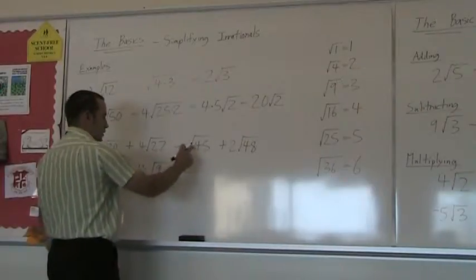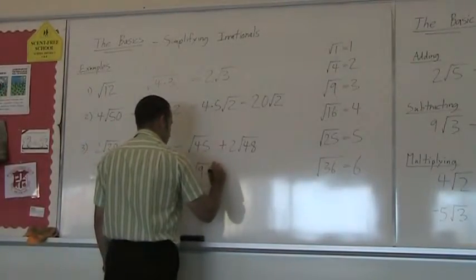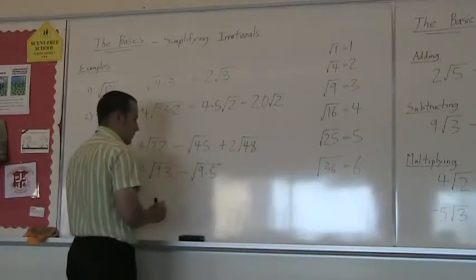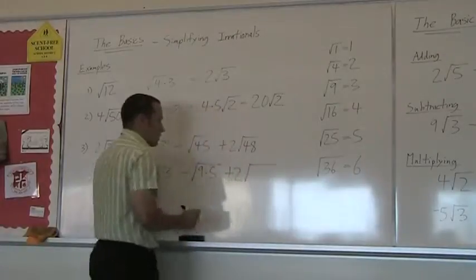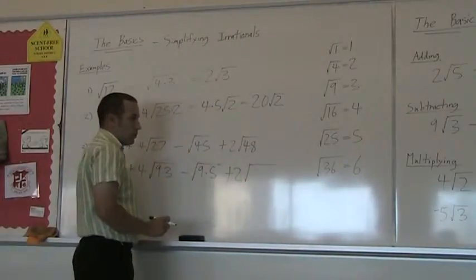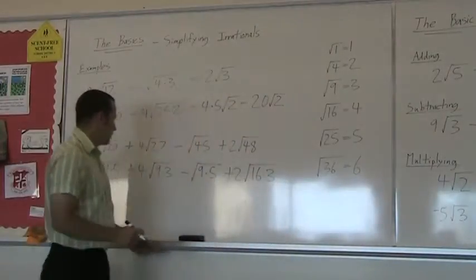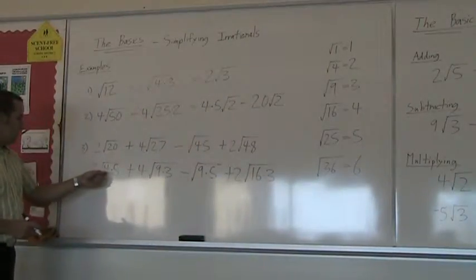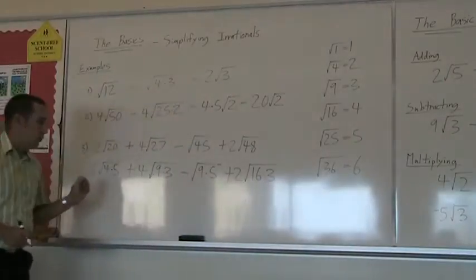Again, a 9 will go into 45, so 9 times 5. Plus 2 square root of 48, 16 times 3 gives me 48. Notice here I've got all numbers I can take the square root of and bring them out.